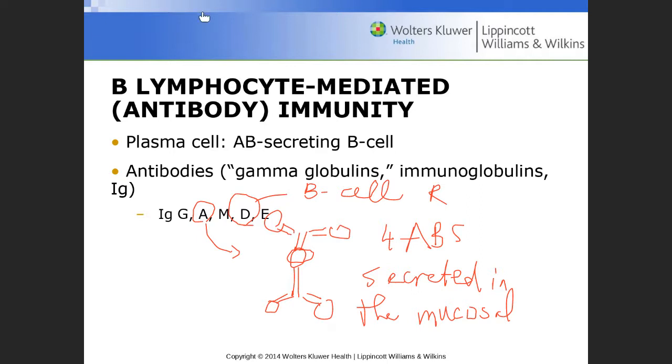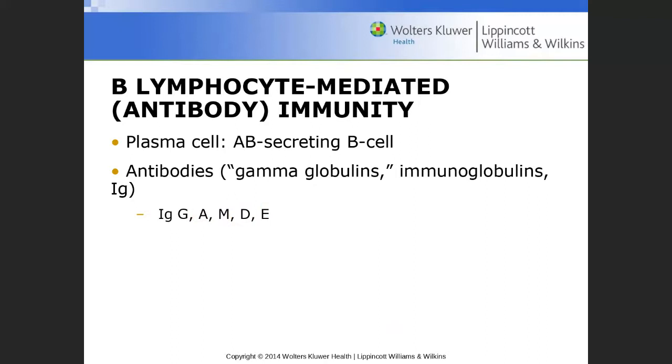Any questions so far? Okay. The immunoglobulin that is first to be made is this one right here. It's called IgM. IgM is first to be made, and IgM acts as a pentamer, which has 5 immunoglobulins that stick together like this.